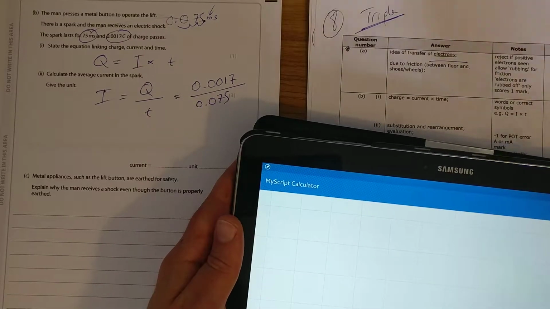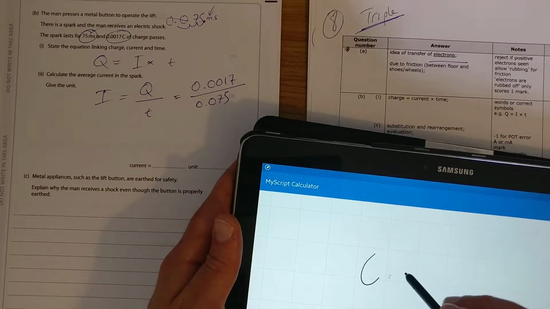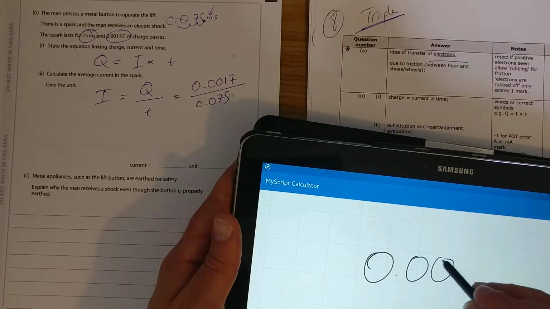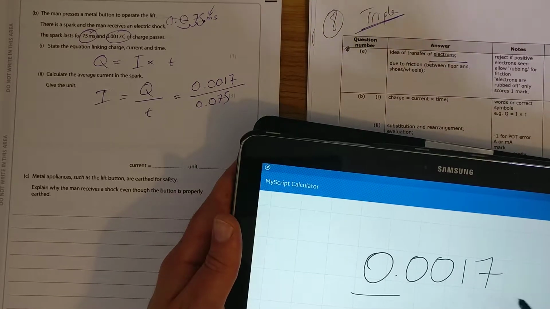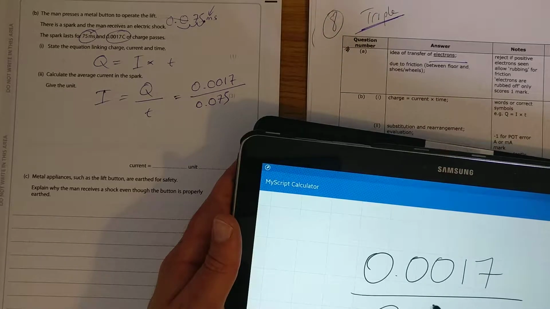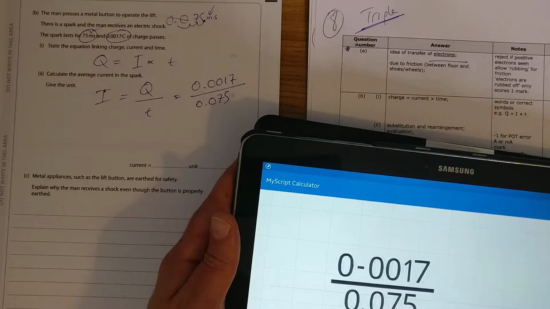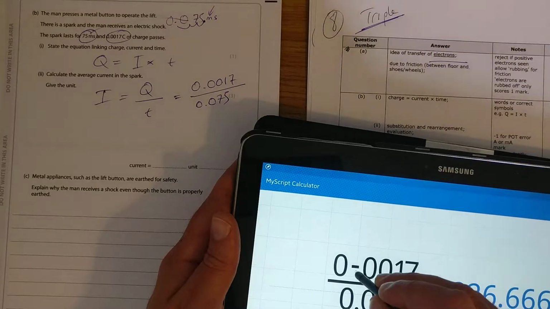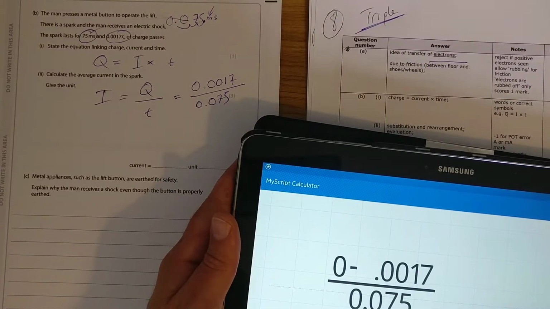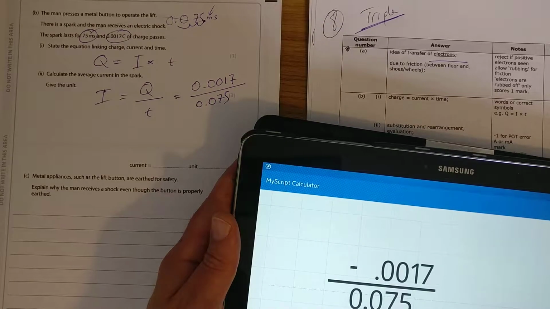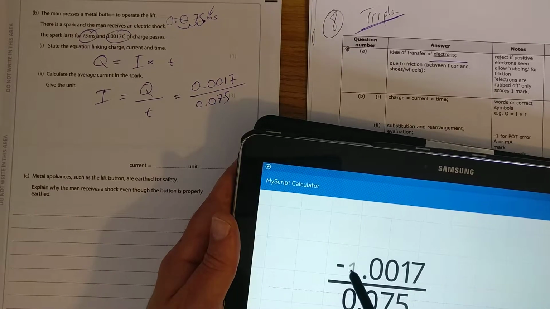And we have 0.0017 divided by 0.075. Let's see if that works. That's going to be a decimal point. Let's get rid of that and that.